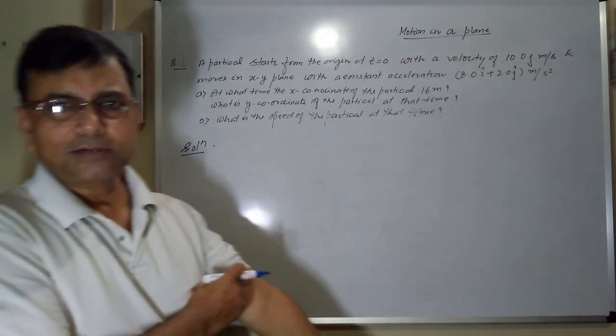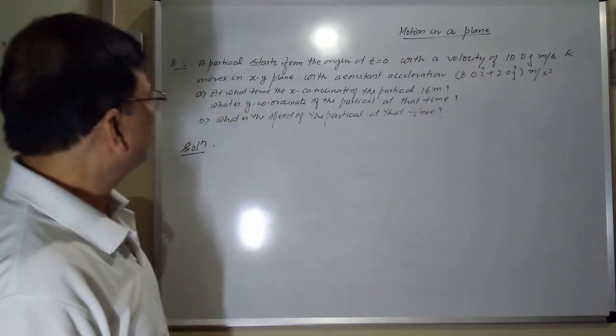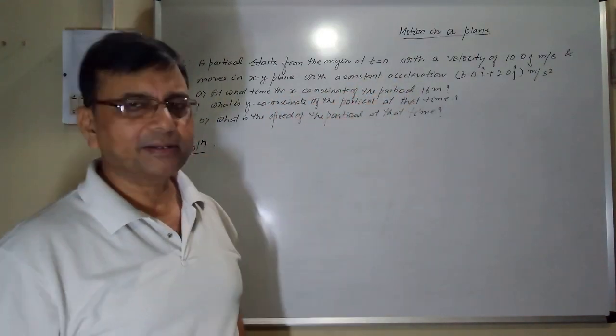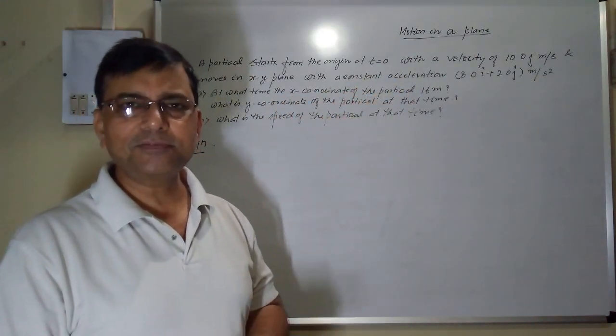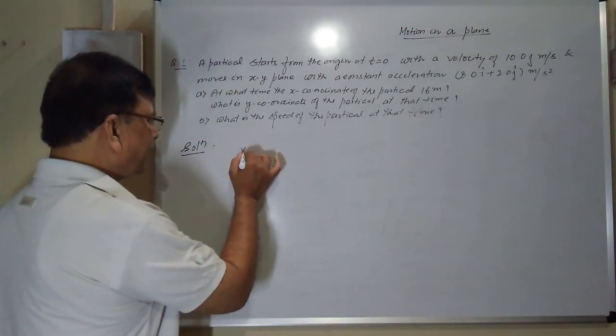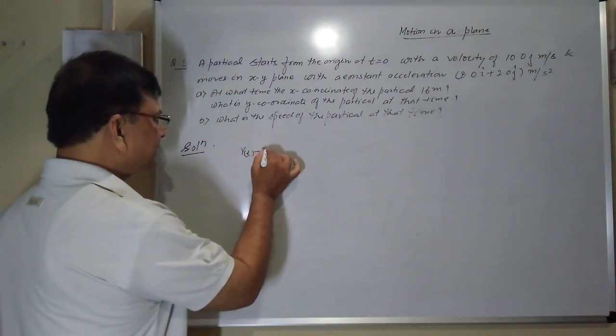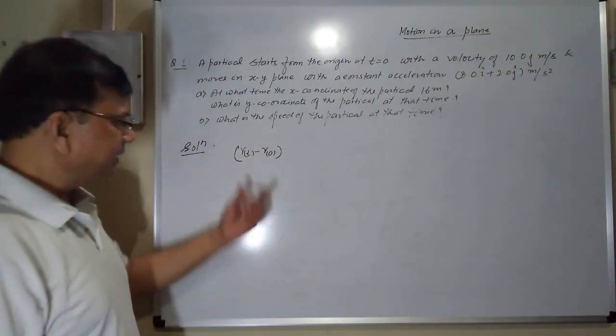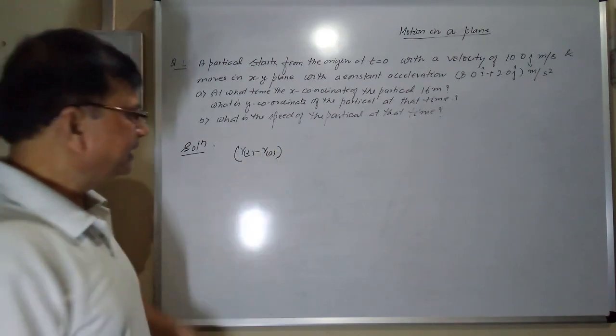So what are the equations of motion? Here, at what time the x coordinate of the particle is 16 meter, means we are concerned with the displacement. The displacement is RT minus R0, right? When t is equal to 0. This is the displacement.